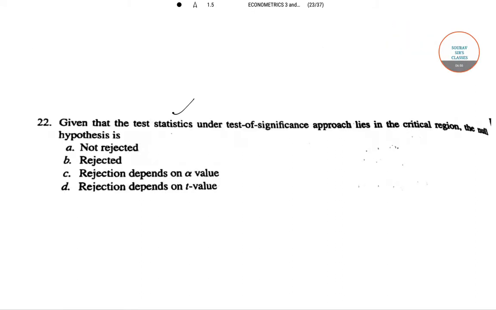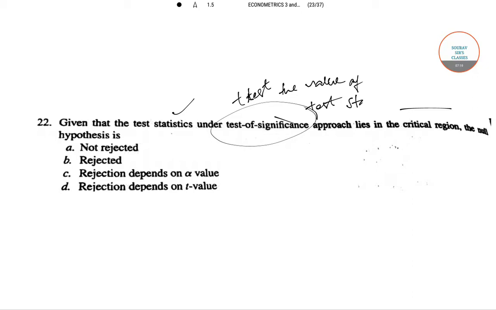Given the t-statistic under the t-test approaches the critical region, the null hypothesis is not rejected depending upon the alpha; rejection depends upon the value of t. Basically, the t-statistic is a normal variate divided by the root of chi-square divided by the degrees of freedom.